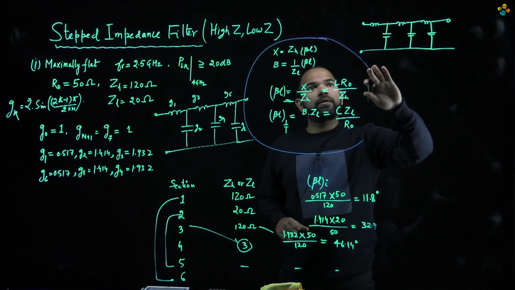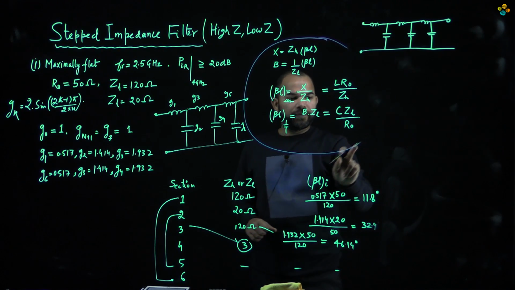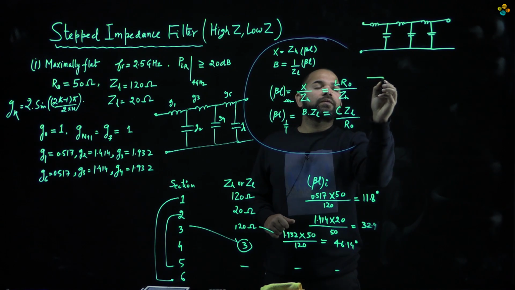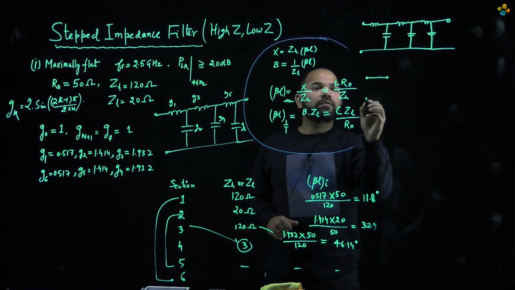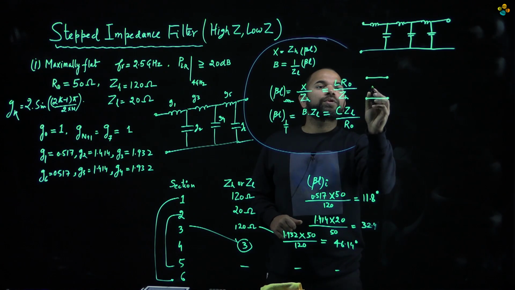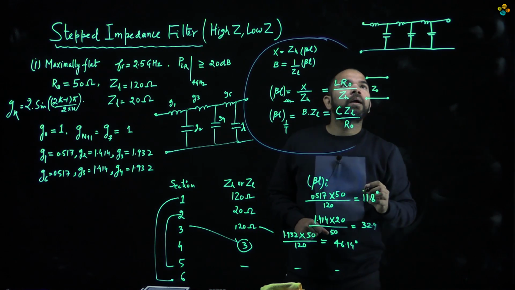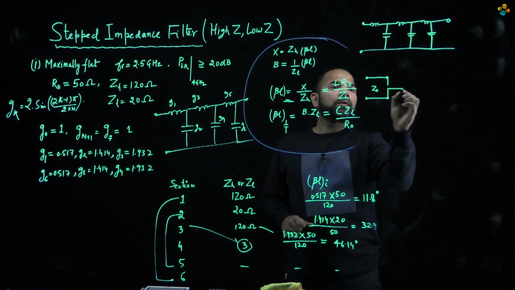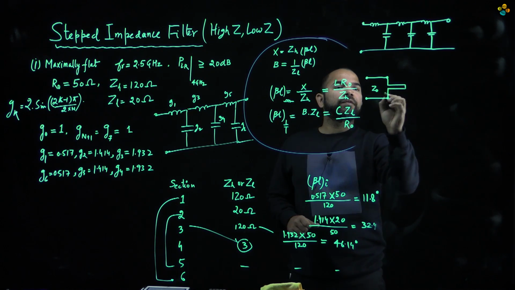Now, what is the equivalent stepped impedance filter? So we have a transmission line which is equal to Z0, and then we have a high impedance line. This is the microstrip.